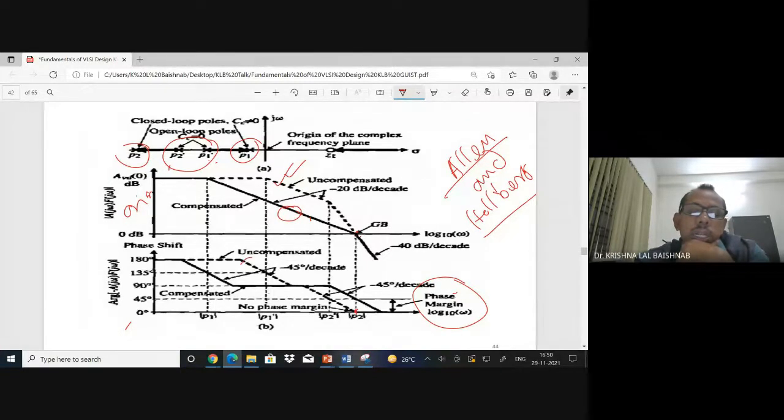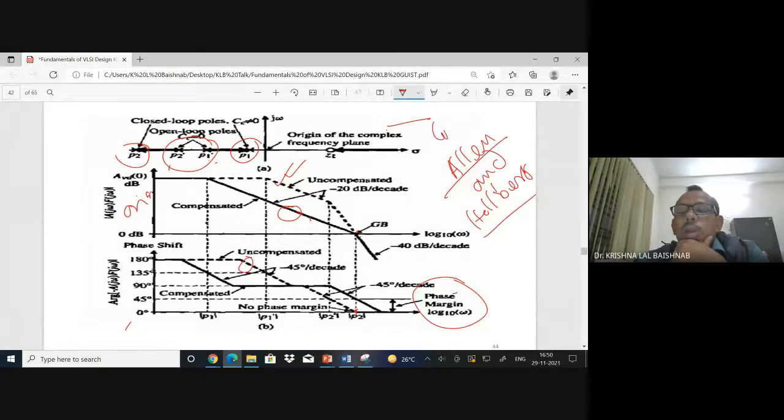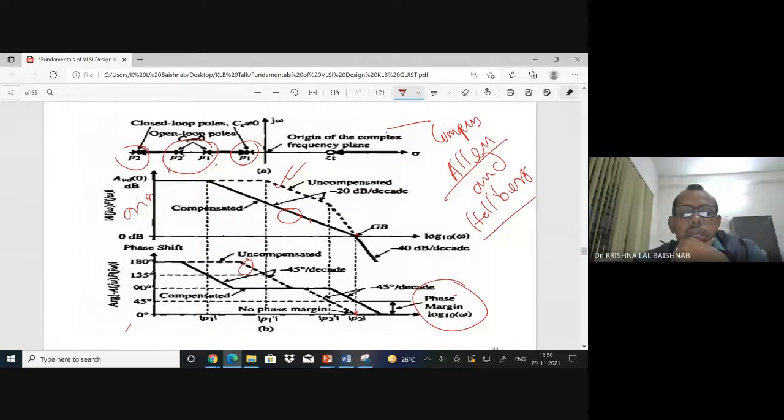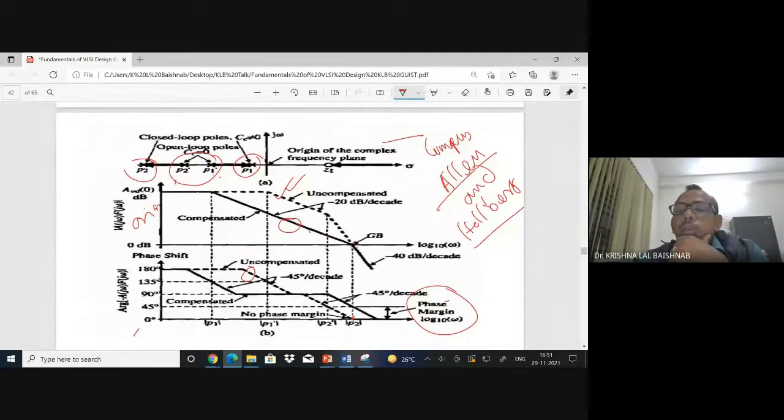This is my original, this is compensated. The dotted line is uncompensated.